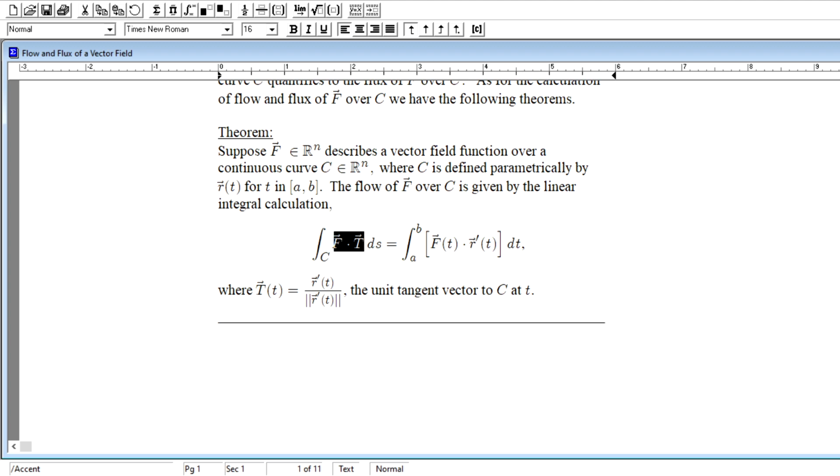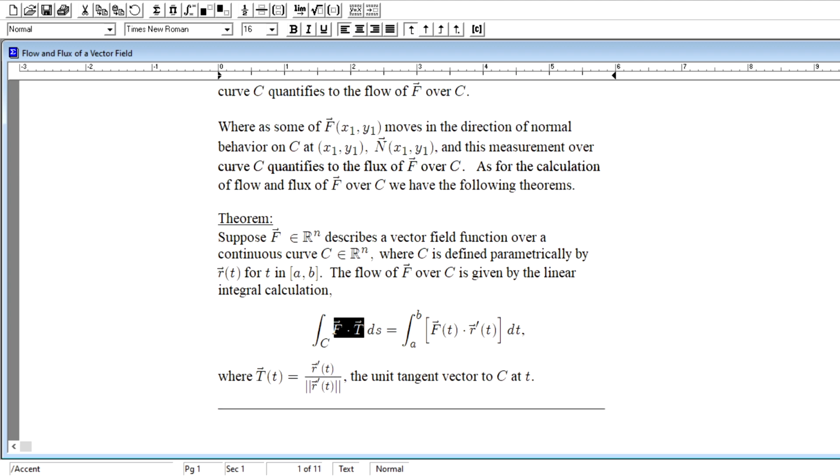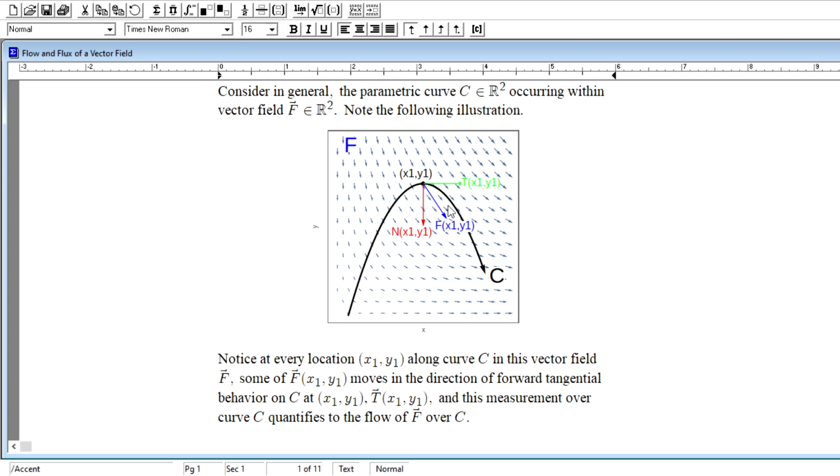What we are doing in this calculation is calculating the projection of the vector field F bar onto this tangential direction at every single location along the curve C. When we sum up all those infinitely many values for the projection of F onto the tangent vector, that measurement given by the dot product describes the magnitude of the quantity of F bar that is moving in that direction.